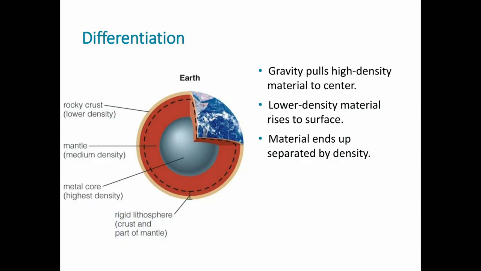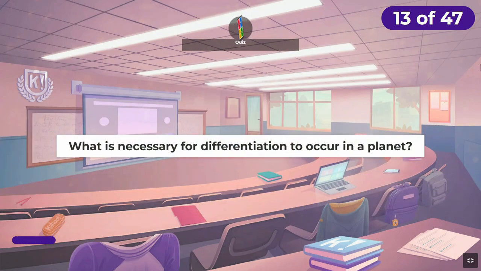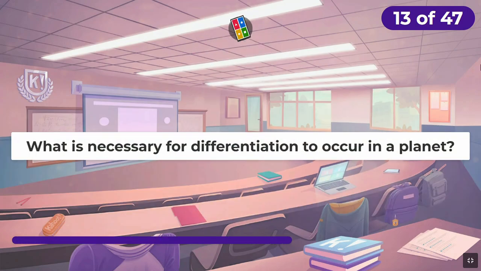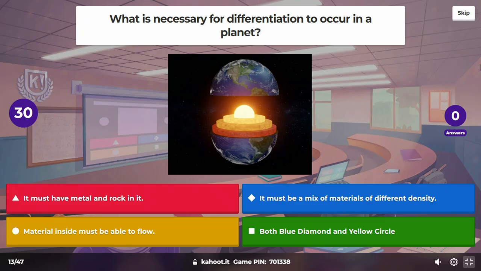Your object has to be made out of different materials, or different densities of materials, and then those different densities have to stratify into most dense toward the center, and then less dense out from there. So what do you need in order for an object to differentiate?